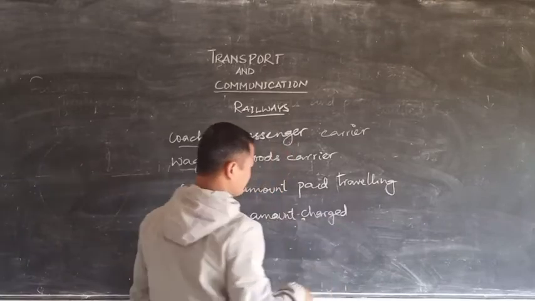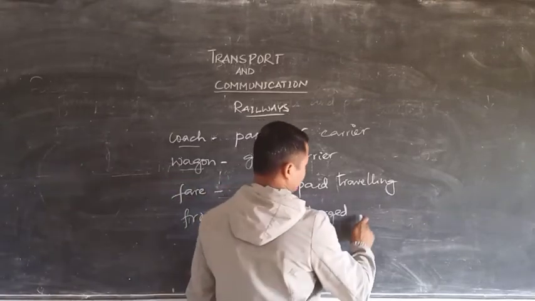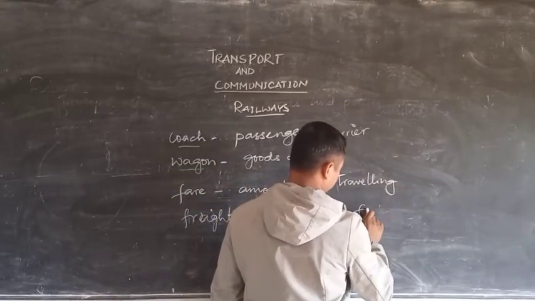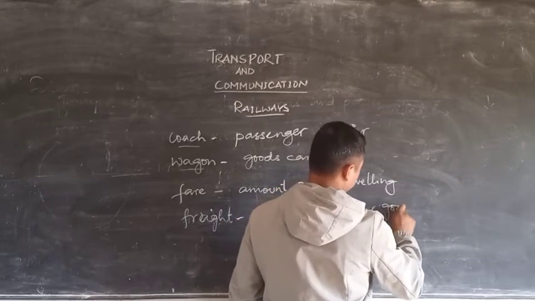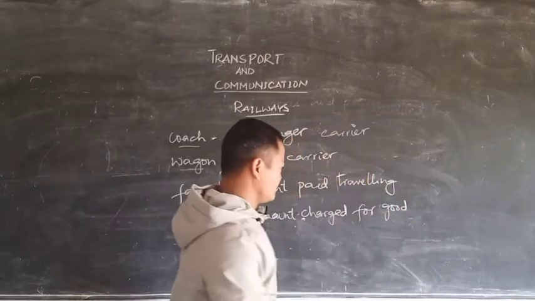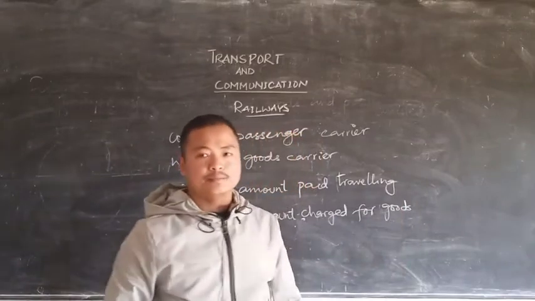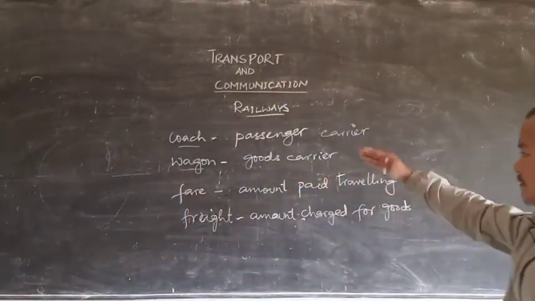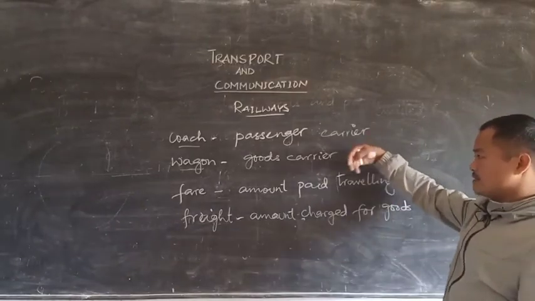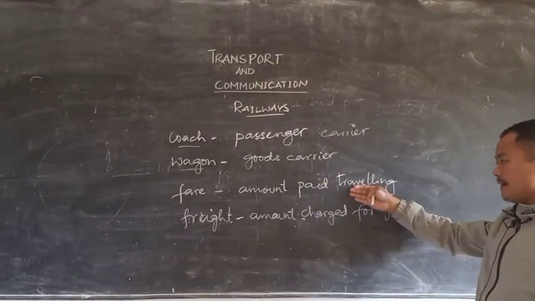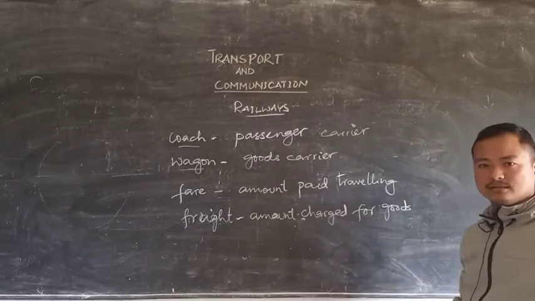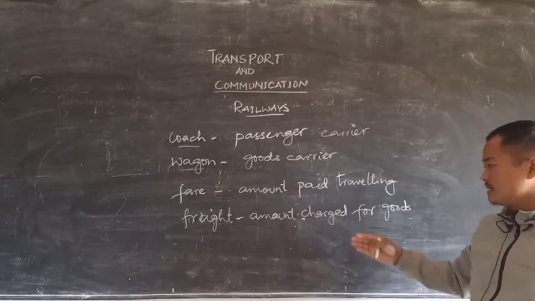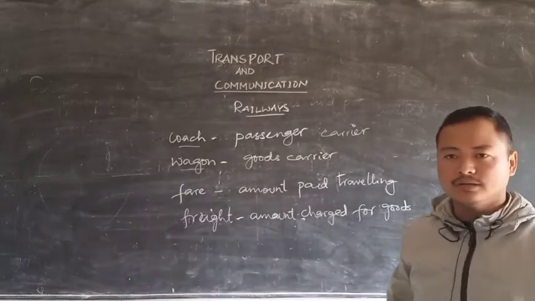Freight is an amount charged for goods, for movement of goods. So this is where we see a very basic difference between coach and wagon, fare and freight. Coach is the passenger carrier, wagon is the goods carrier. Fare is an amount paid for traveling, that is, the railway is charging the passengers, and freight is an amount charged for transporting goods.